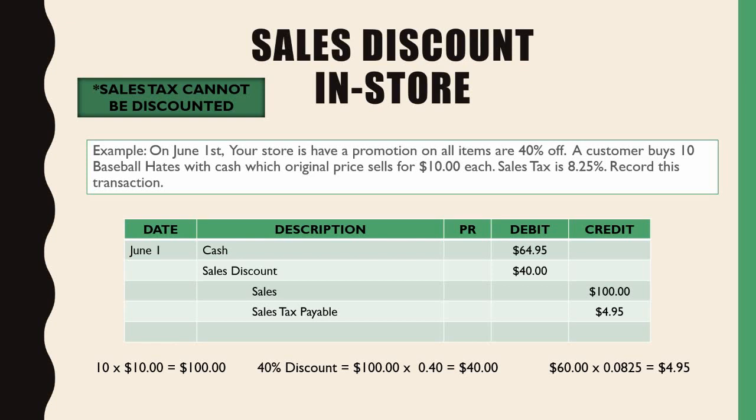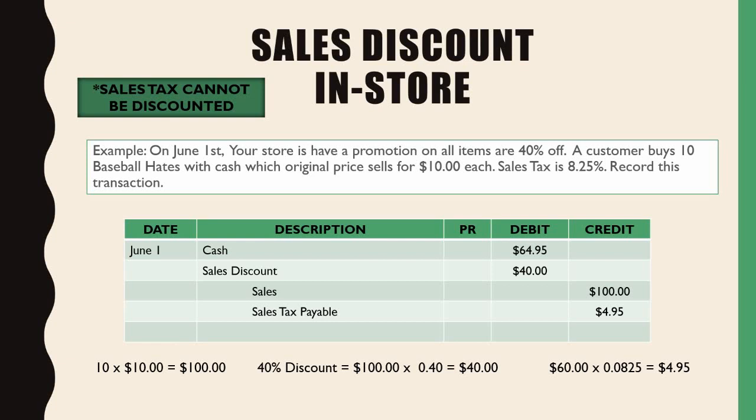Then it's 100 minus 40, which is 60. Multiply my tax on that and it gives me $4.95. Flipping it in reverse, if I'm supposed to have $100 and I subtract my $40, my total amount should be $60 plus my tax, which gives me $64.95.